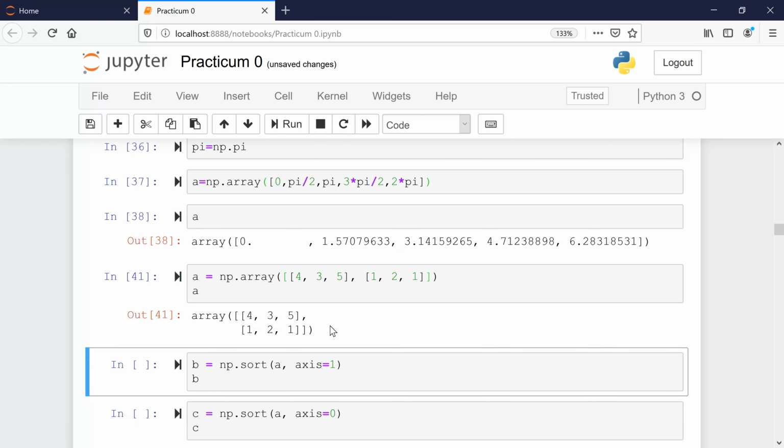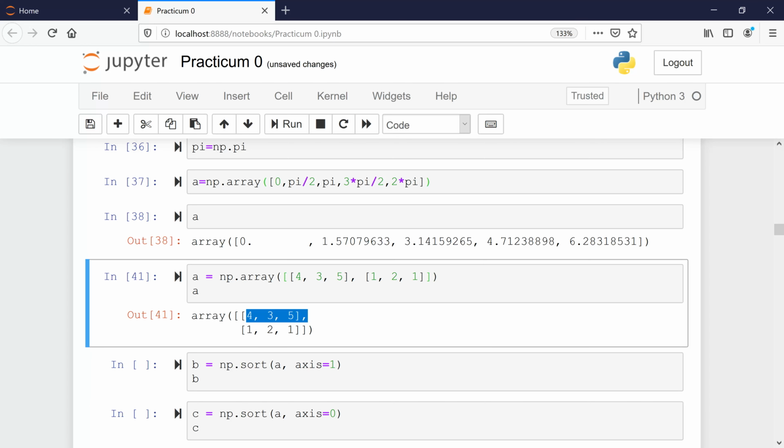Okay, and in numpy we can sort vectors or lists. For example, suppose that we want to rearrange the matrix in increasing order, but along lines. So this is axis 1, this is axis 0.